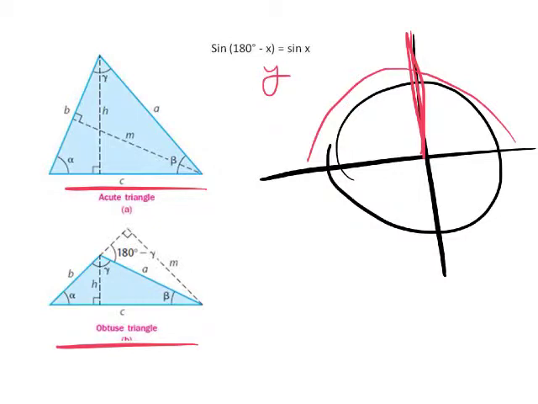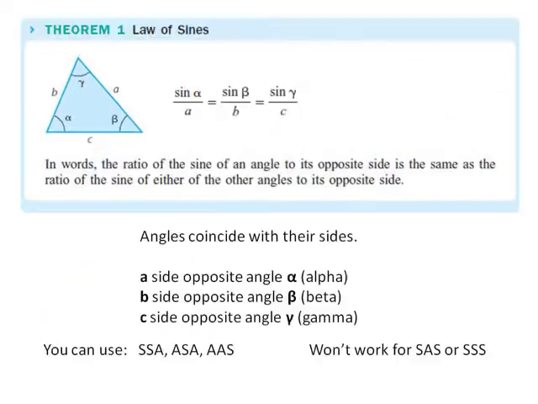So whether we have 30 degrees here or we have 30 degrees here, which would be 180 minus 30, so 150 degrees, it's still going to be the same thing. It doesn't change your answer. That's why sine of 180 minus x is the same as sine of x.